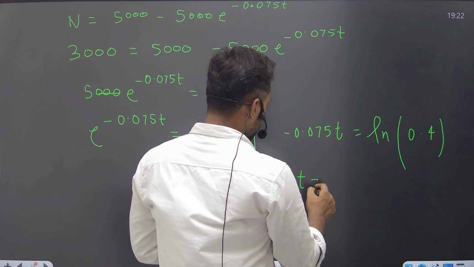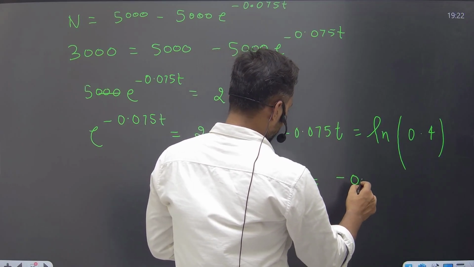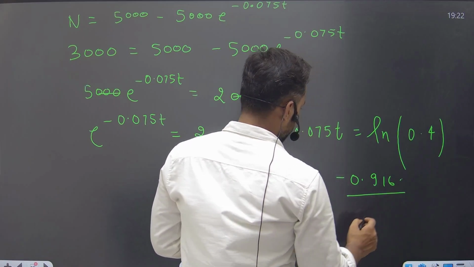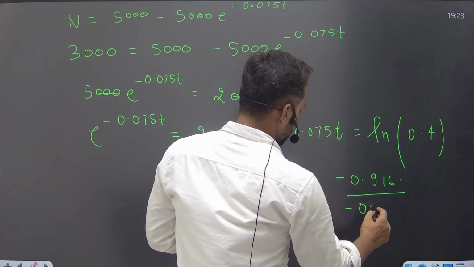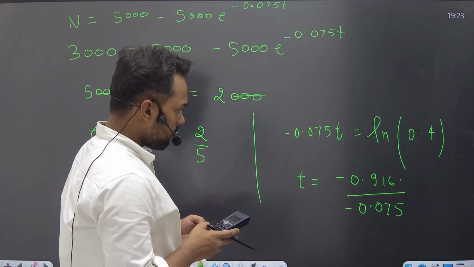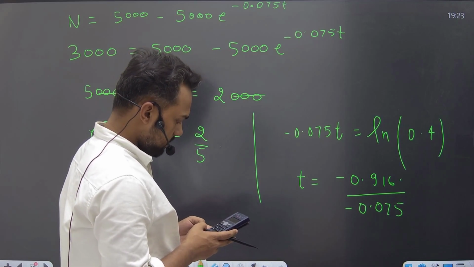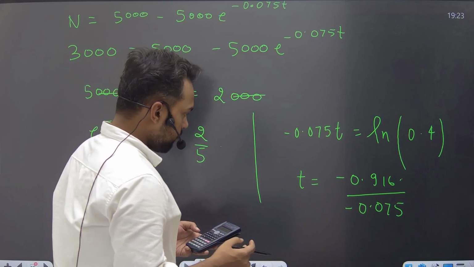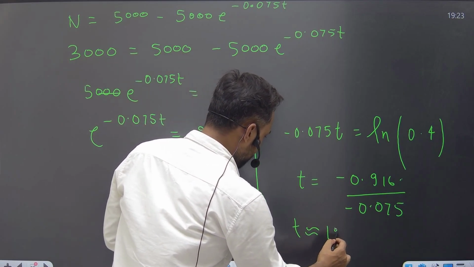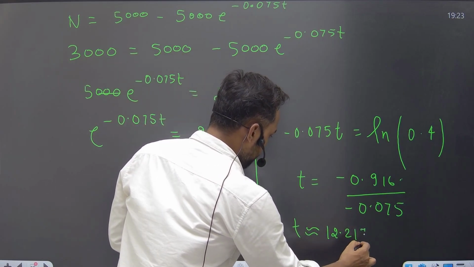So t will be equal to negative of 0.916 upon negative of 0.075. Okay, so we just need to calculate this part. So we'll get t equals roughly 12.217 months.